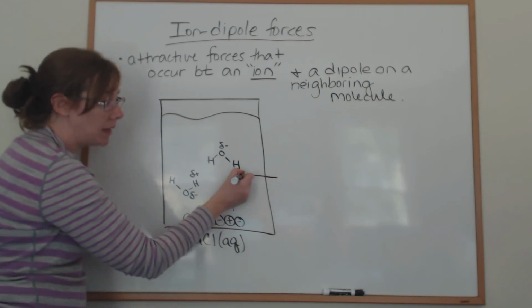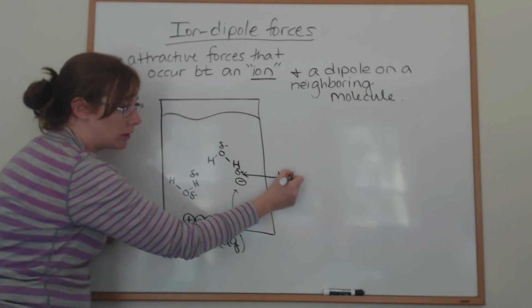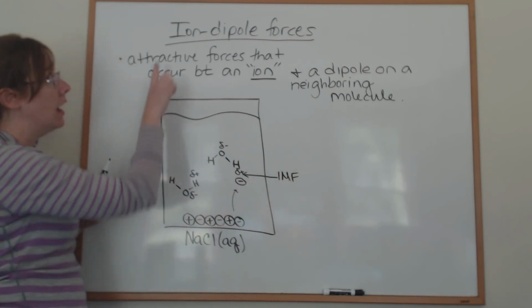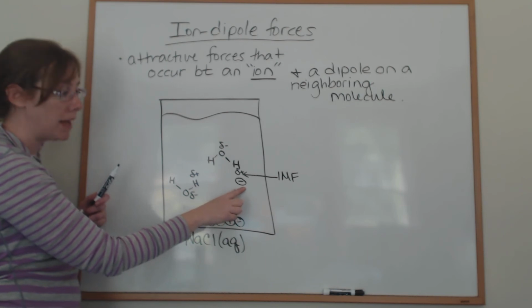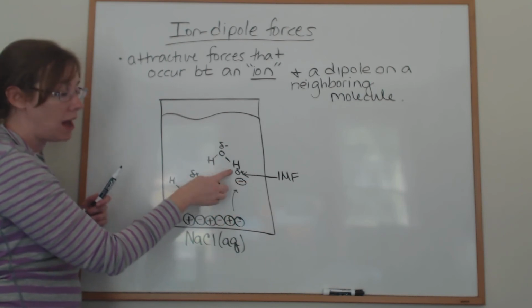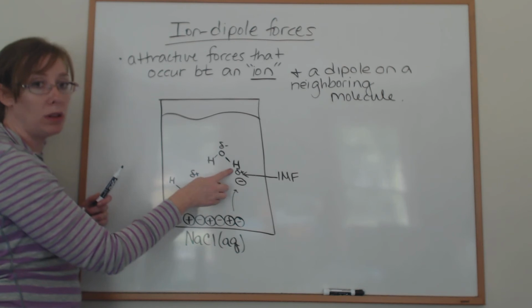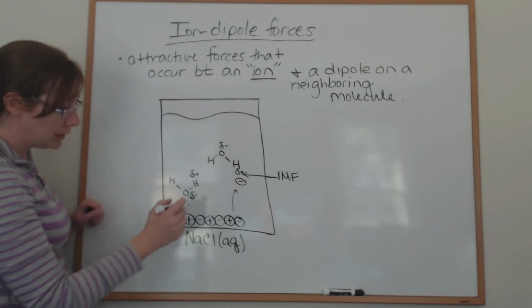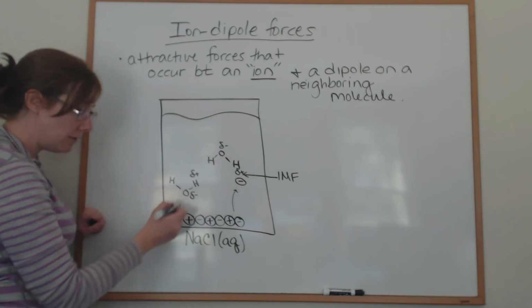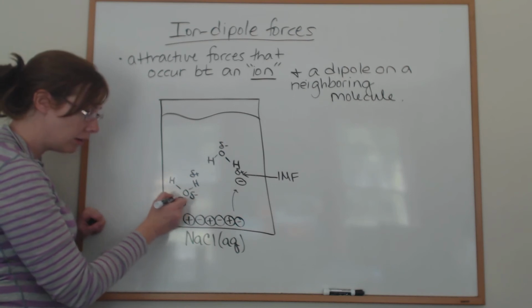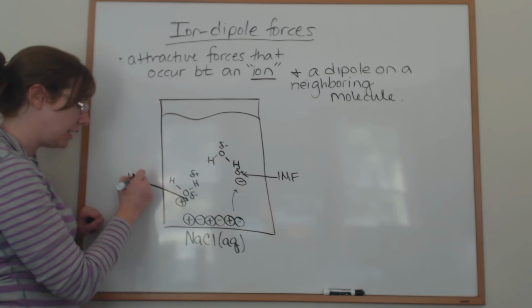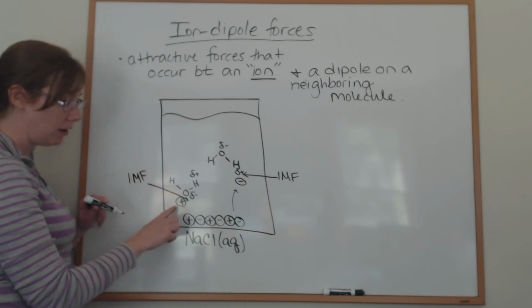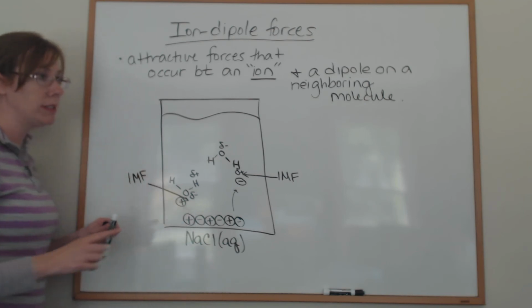They're attracted because of an intermolecular force called an ion-dipole force. It's between an ion, which has a full minus charge, and the dipole on the water. And conversely, you will have an attraction for the cations for the oxygen dipole on the water. And here is the intermolecular force happening over here. So these are ion-dipole forces.